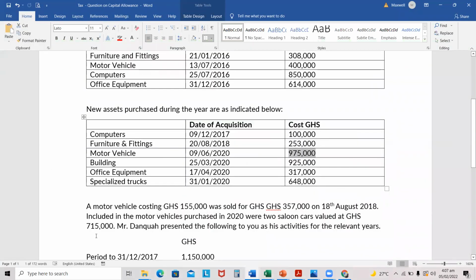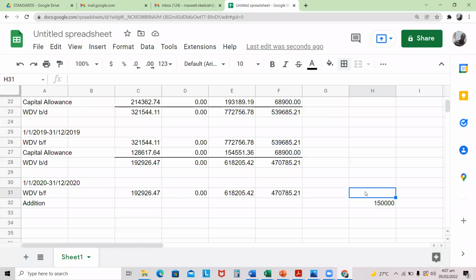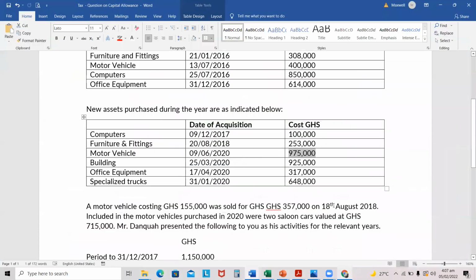The excess, which is 715,000, must be taken away. So 715,000 minus 150,000. This is the amount that should be taken out of the total figure of 975,000.